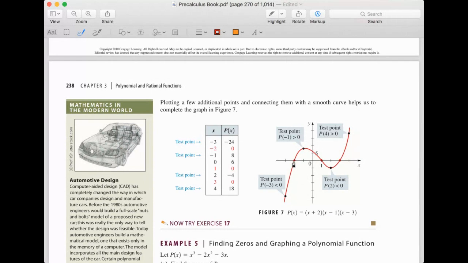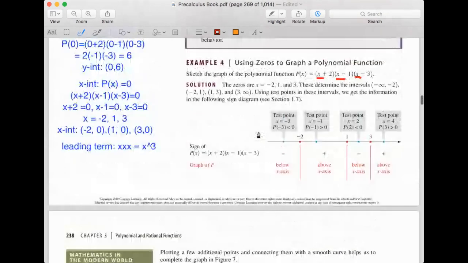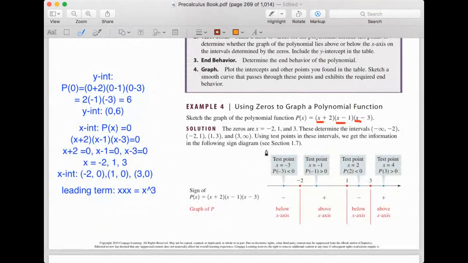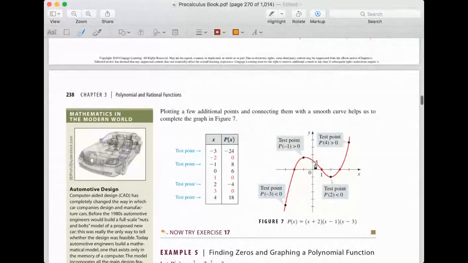We have negative 2, 1, and 3. We have these 3 zeros, or 3 x-intercepts. Zero is just another name for x-intercept. And we have the y-intercept 0, 6.